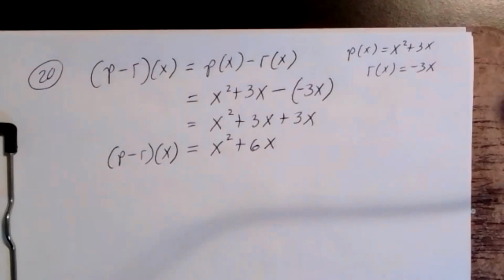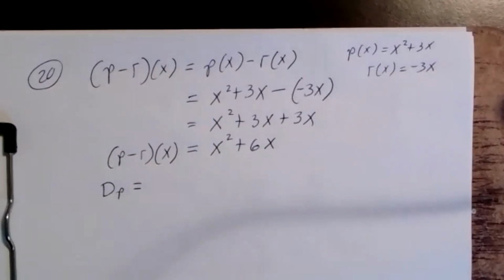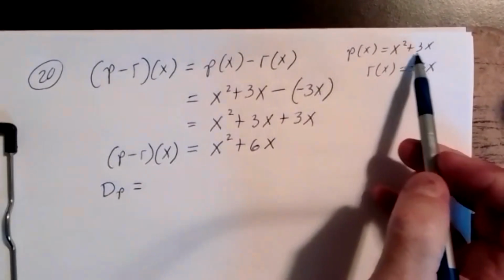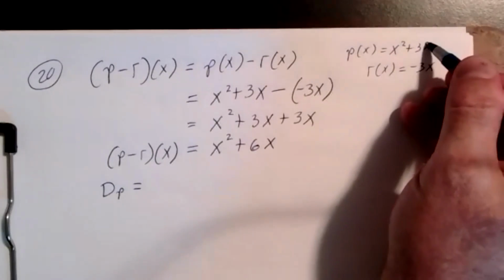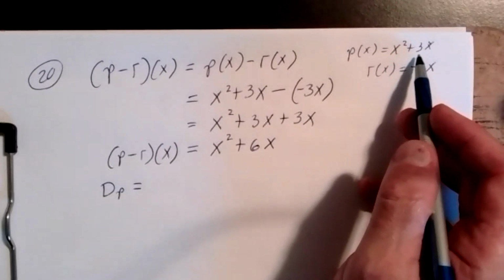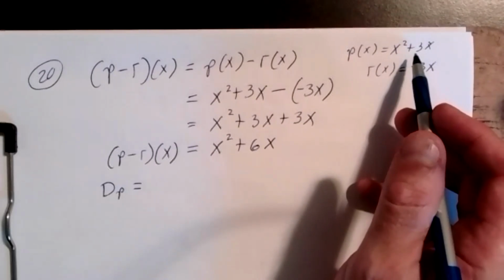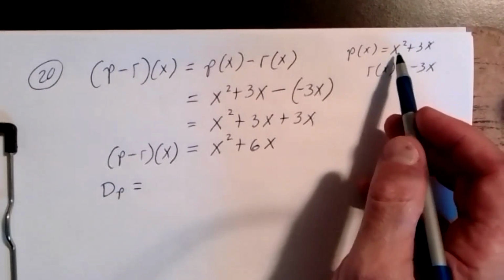All right, now, what is the domain of function P? What is the domain of function P? Well, function P is just a quadratic function, or a polynomial function. And I think I indicated much earlier in this semester, ladies and gentlemen, that in general, when you have a polynomial function, the domain is always what? Anybody remember?